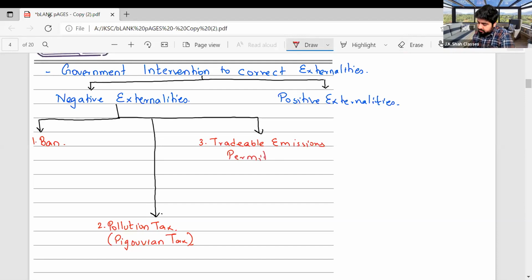Tradable emissions permit, friends, it is also called cap and trade system.